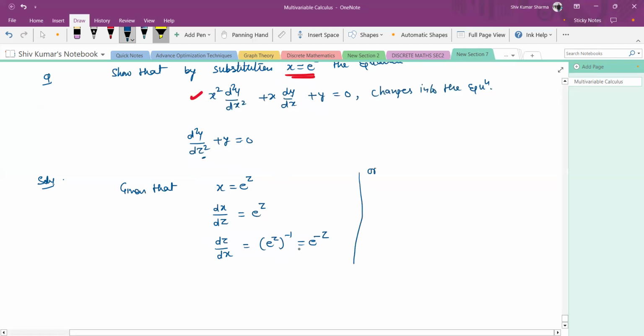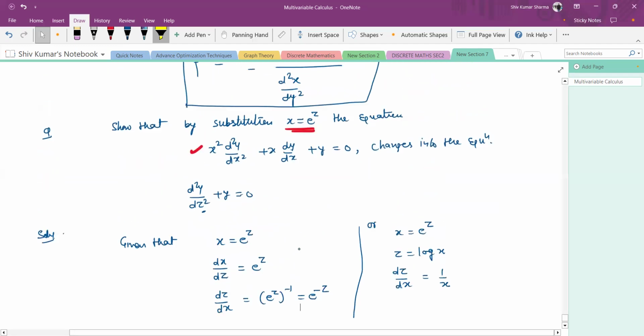Or you can write, if x equal to e raised to the power z, taking log both sides gives us z is equal to log x, and when we differentiate with respect to x, this gives us 1 upon x. So dz upon dx is equal to 1 upon x.